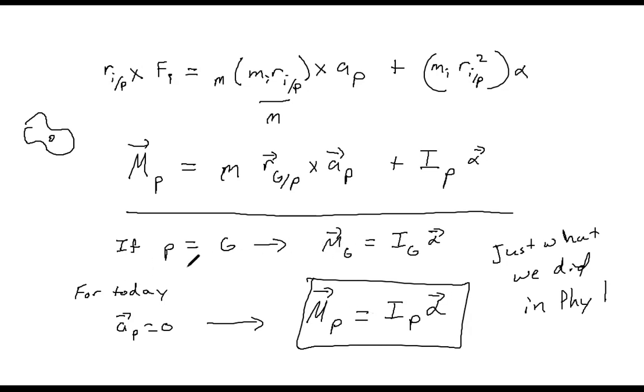Notice, even if the object is undergoing some crazy motion, if you study the moments about the center of mass, this top line is still true, regardless of what the acceleration might be. To use this, you're really talking about pure rotations.